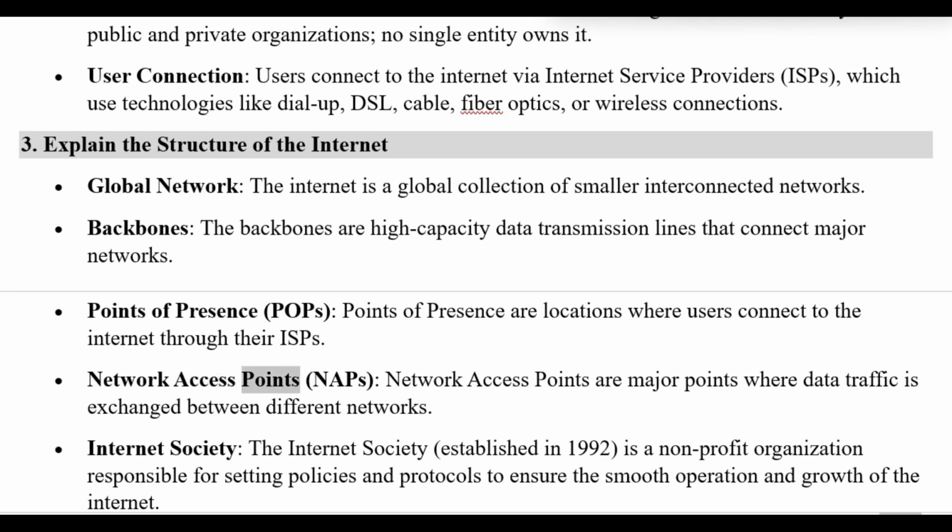Network access points, NAPs. Network access points are major points where data traffic is exchanged between different networks. Internet Society. The Internet Society, established in 1992, is a non-profit organization responsible for setting policies and protocols to ensure the smooth operation and growth of the Internet.